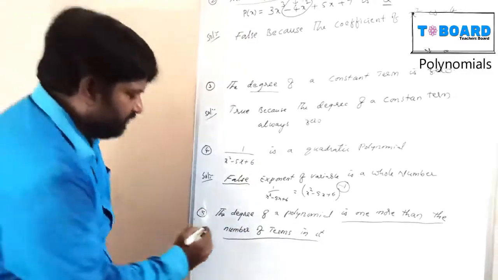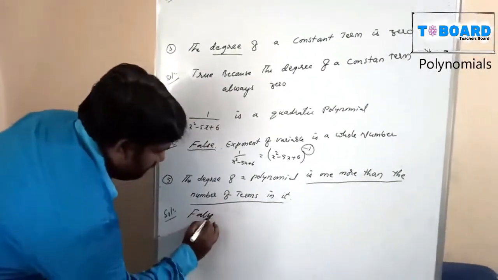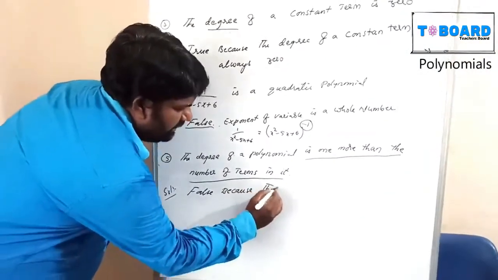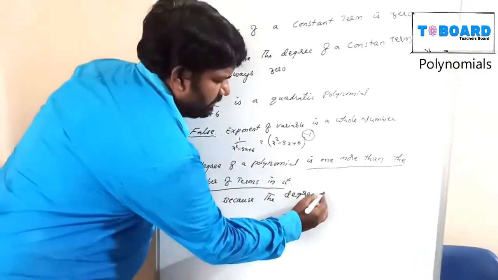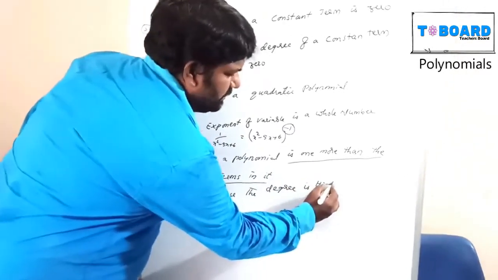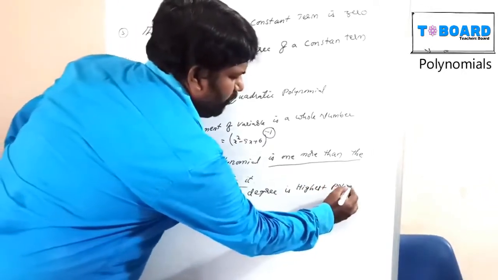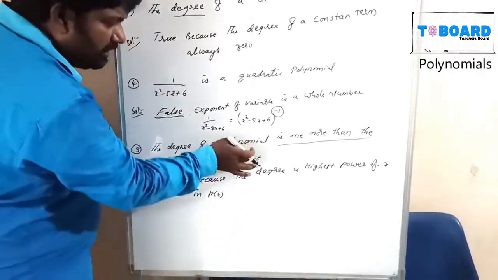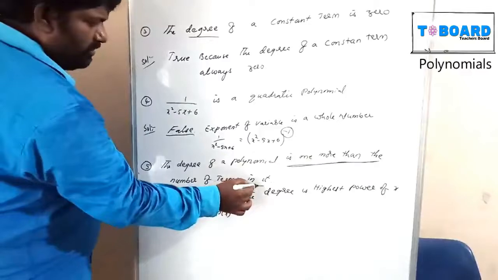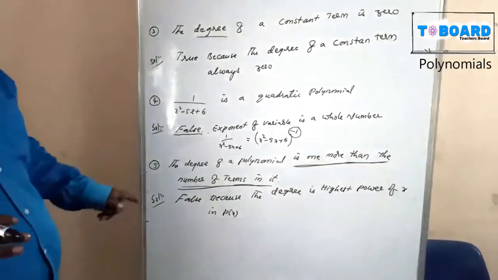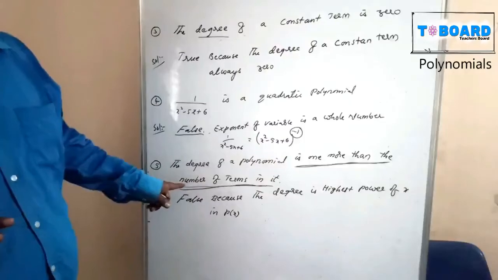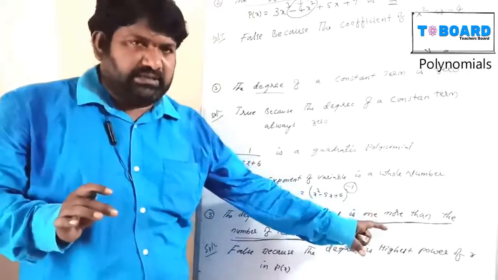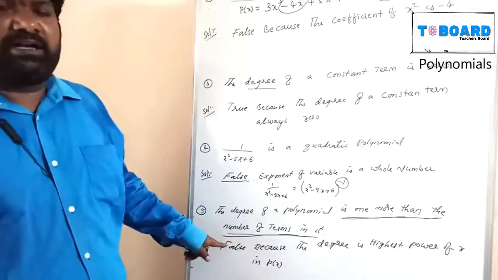It is false, because the degree is the highest power of x in p of x, not 1 more than the number of terms in it. There is no such relation with the number of terms.